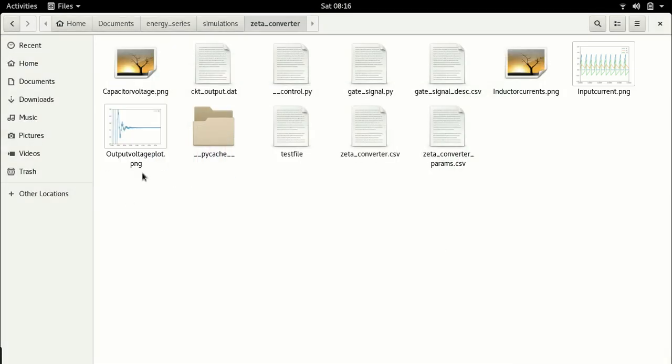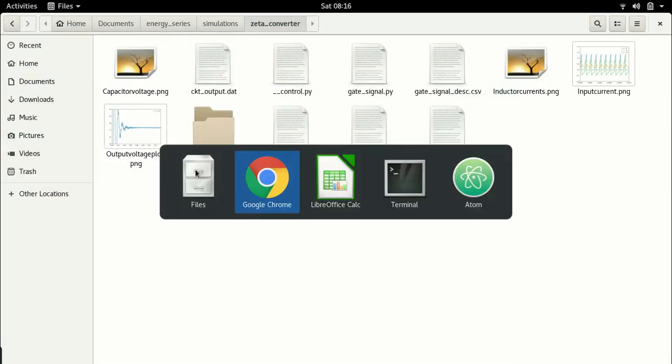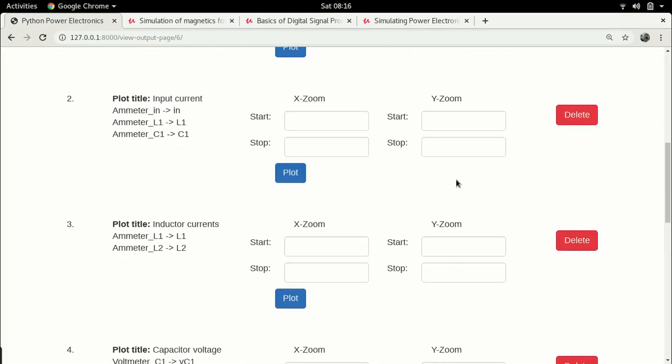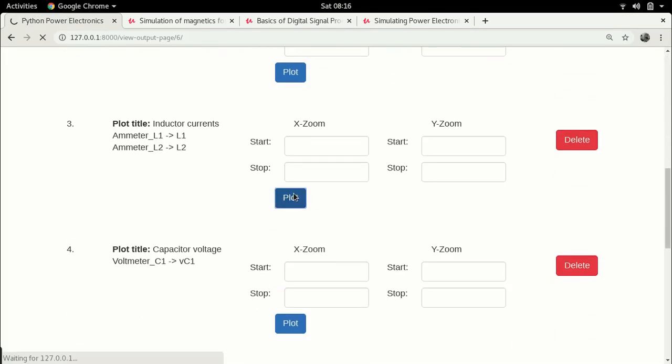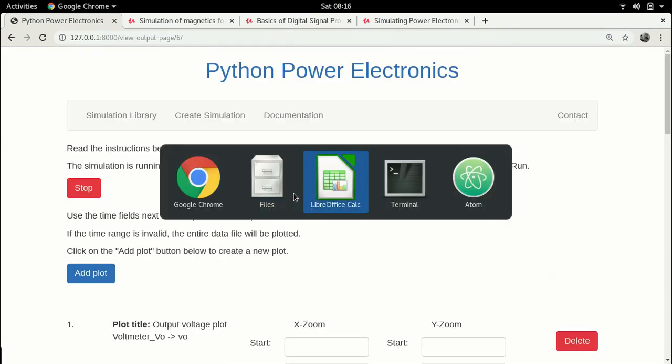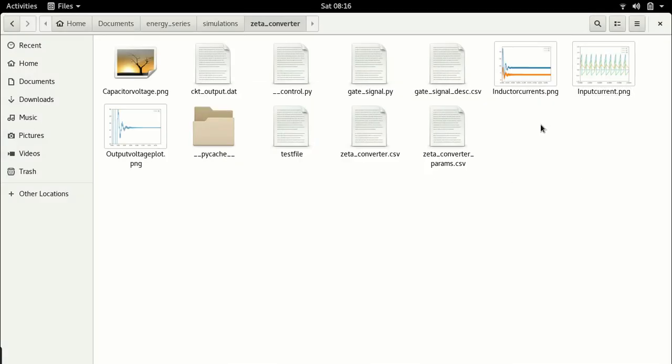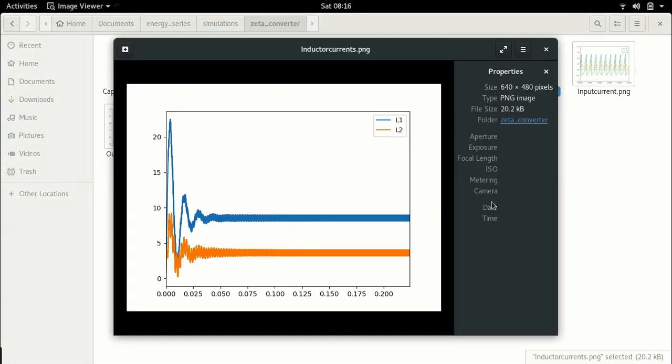So now that we've verified the output voltage, let's plot our inductor currents again. And now they appear to have stabilized. So let's plot between 0.2 and 0.201. Let's zoom in.